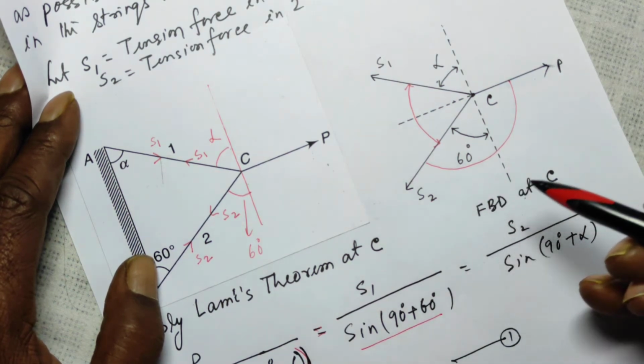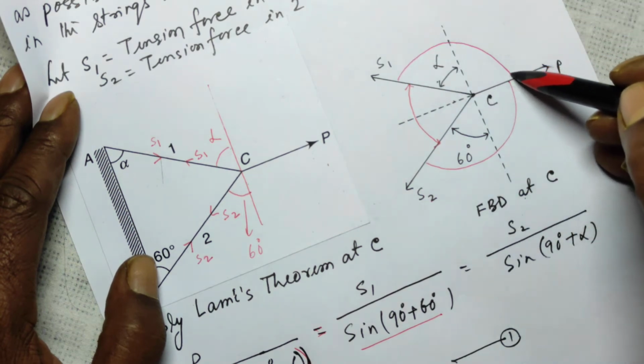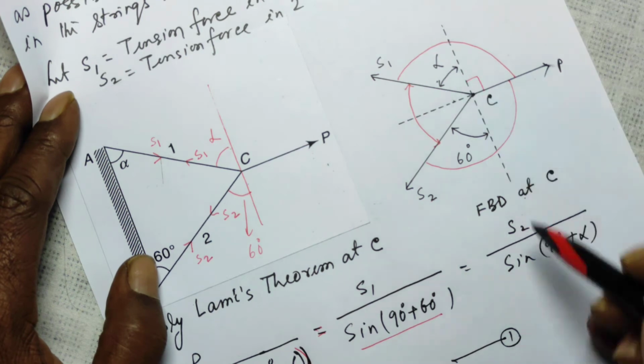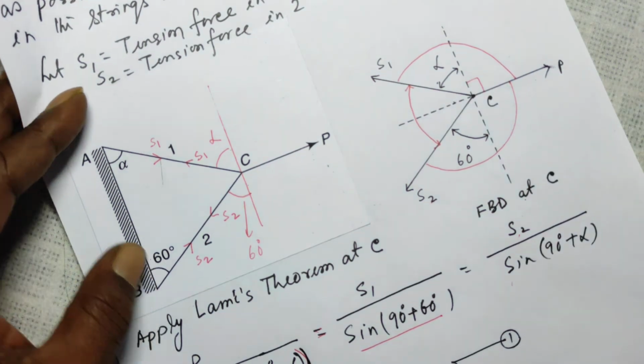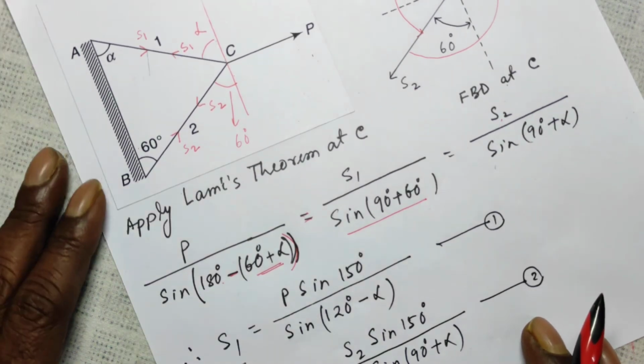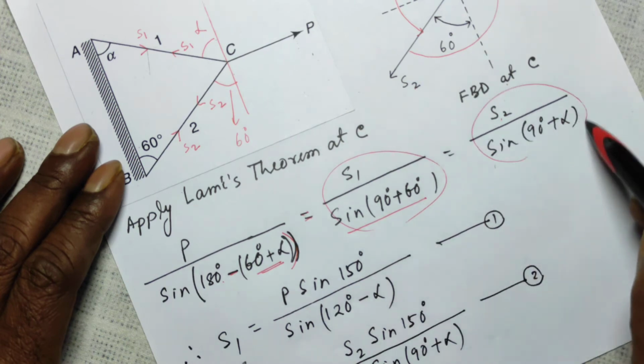Then similarly S2 over sine of this angle, that is 90 plus alpha. S2 over sine of 90 plus alpha. If you look here, these two expressions are the same.